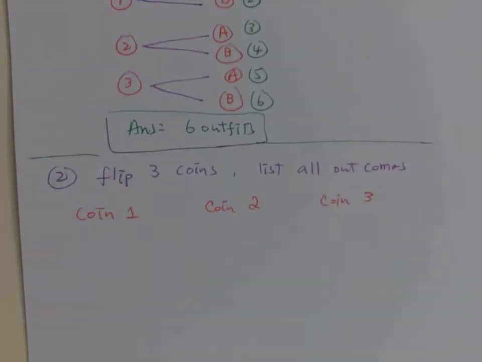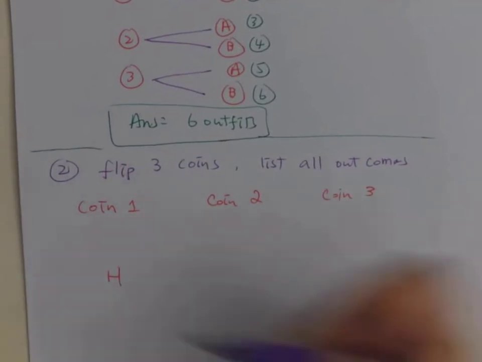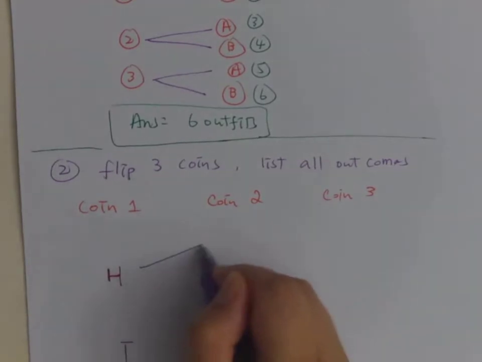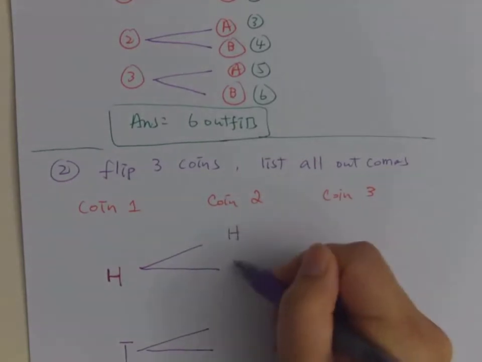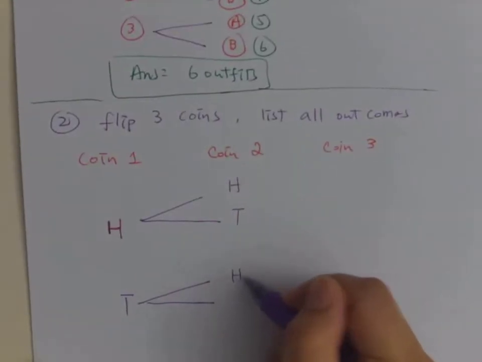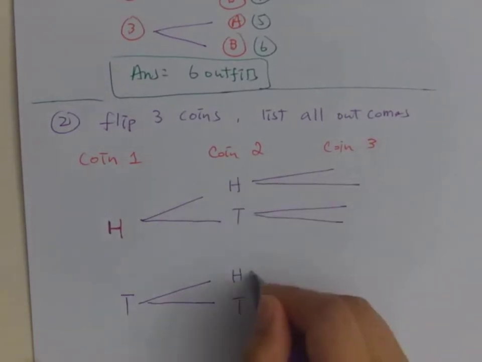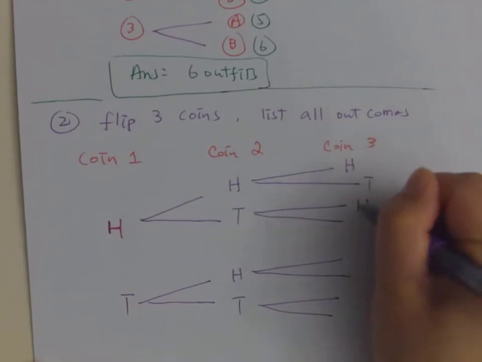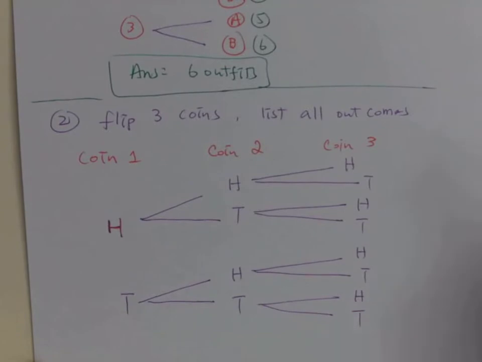For the first coin I can have head or tail. I need to leave some room between them so I can branch them out with a tree diagram. The second coin can have head or tail, and then for each of those results, the last coin can also have head or tail.